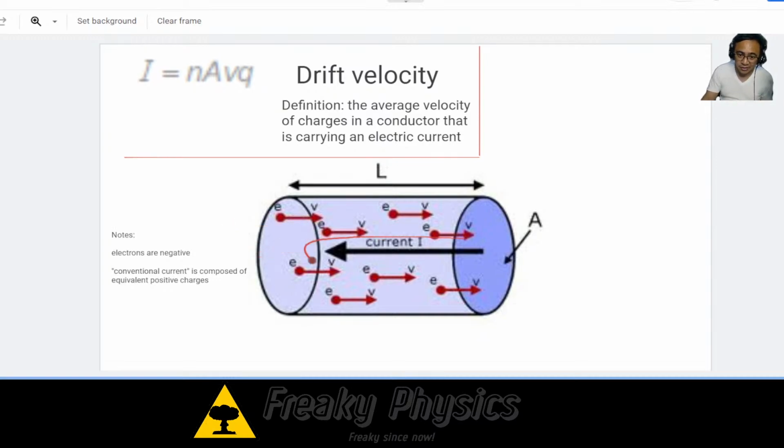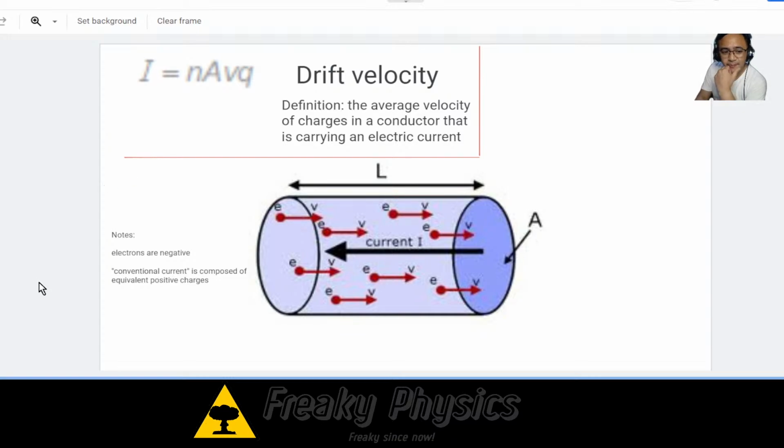And that's what this current I is about. Either way, whether we're dealing with the electrons or those positive equivalents, they have the same charge magnitude, right? So to make this easier, let's just look at the electrons.